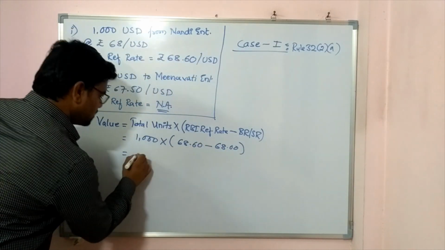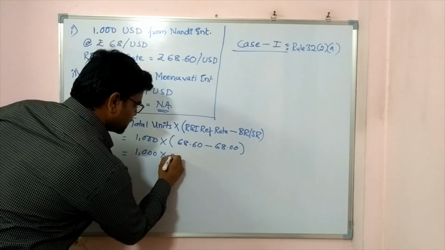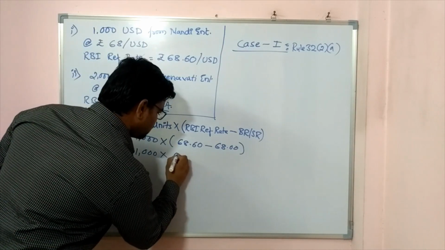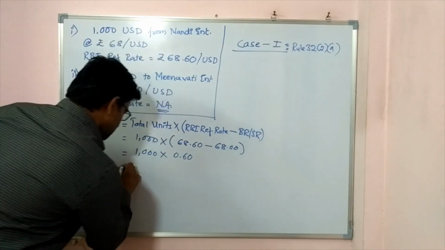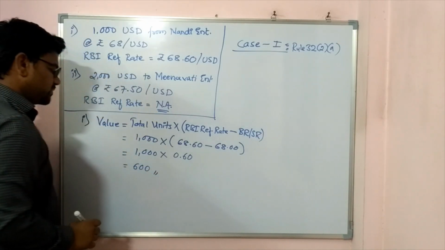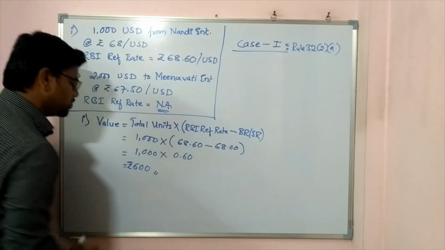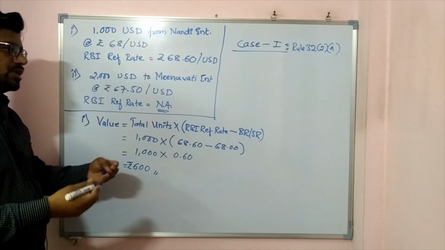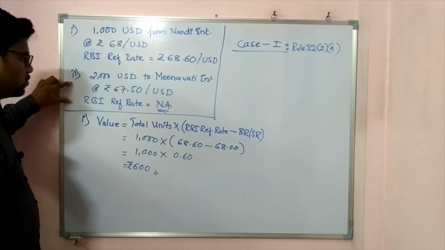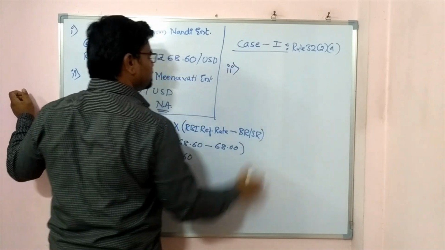Now this will be 1000 into 68.60 minus 68, that is 0.60. Your answer will be 600 rupees. Now what is this 600? It is Indian rupees. Okay, you should know what you are converting into what. This is point 1. Point 2 can be directly calculated here. I will calculate it here itself.